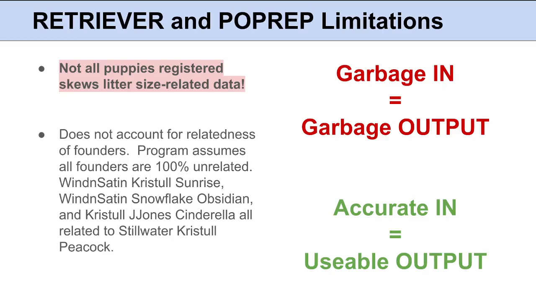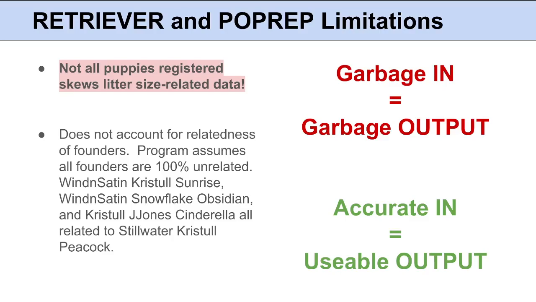So it's not clear if the litter data is stuff we're going to be actually able to use. And these programs also do not account for relatedness of founders.